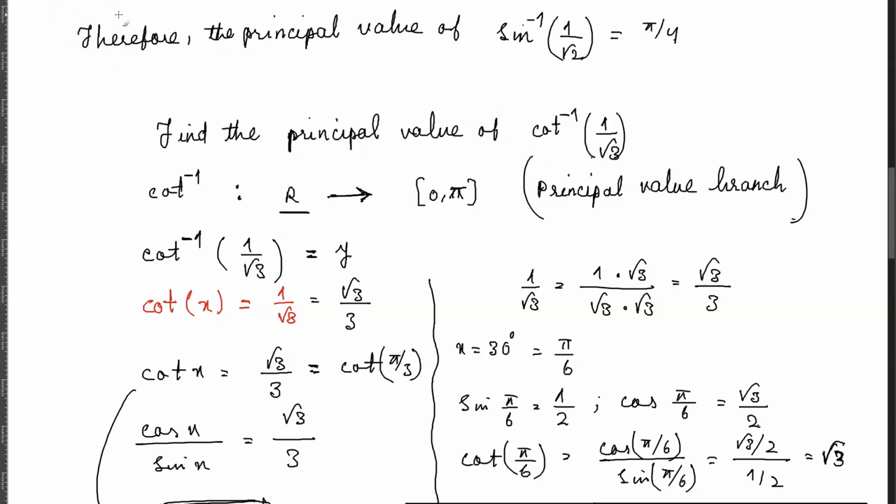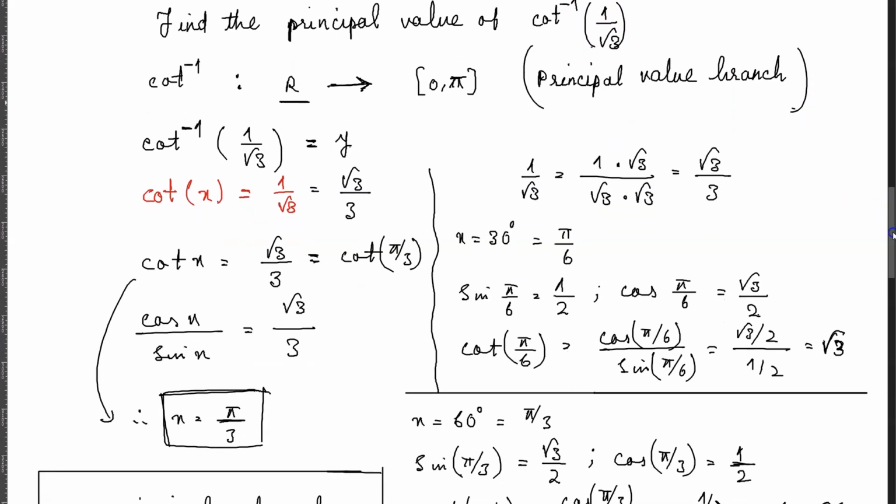Okay, so now let's ask the question again. The same question: what is the principal value of cot inverse negative 1 by square root of 3 this time? So we have the principal value of basically cot inverse negative 1 by square root of 3.